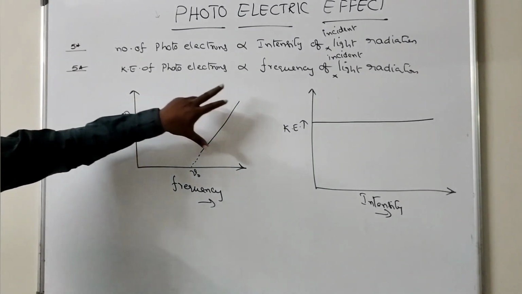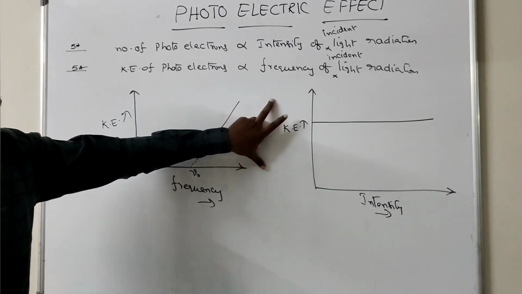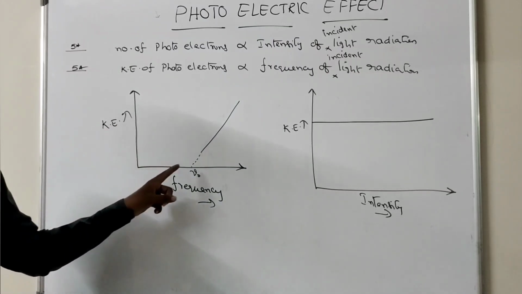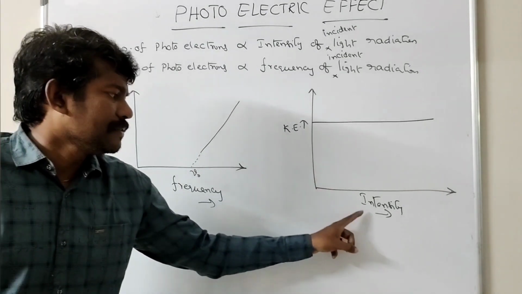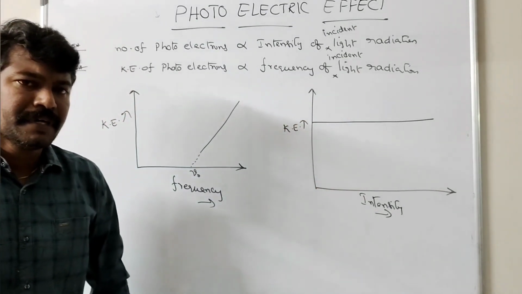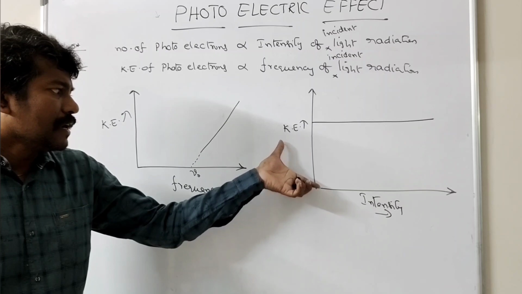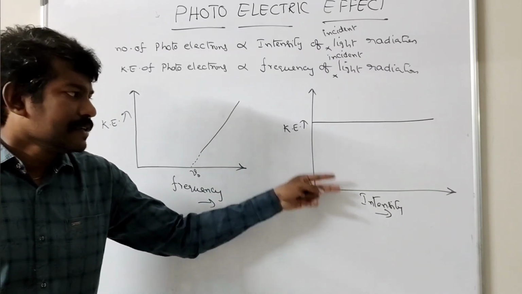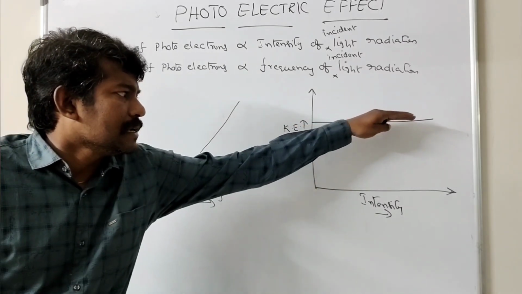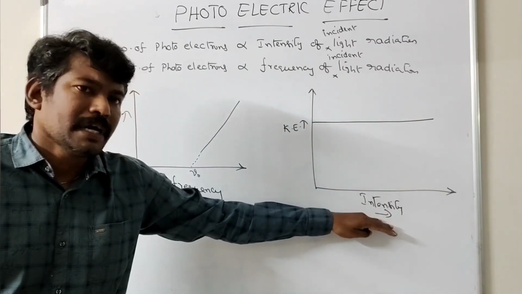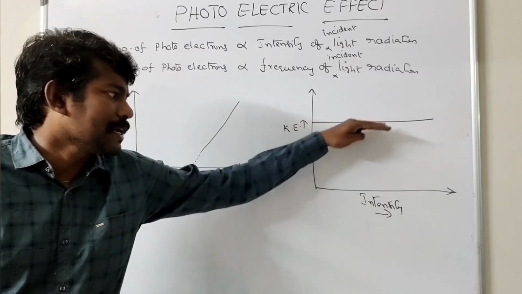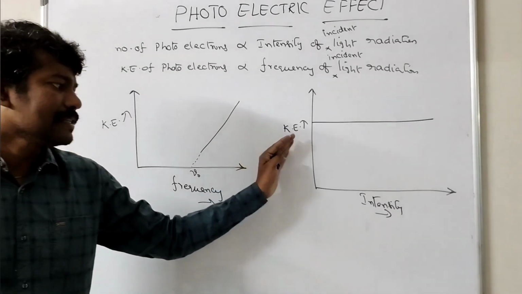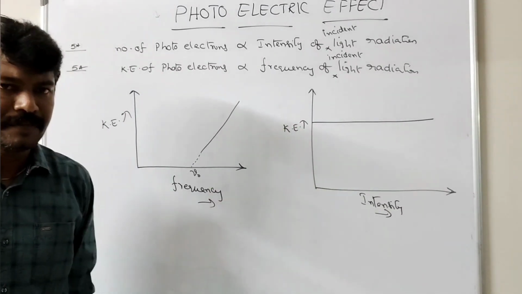Which of the following graphical representations refers to the photoelectric effect? Kinetic energy versus frequency like this, and also kinetic energy versus intensity like this. In the graph between kinetic energy and intensity of light radiation, a straight line parallel to the intensity axis is obtained.